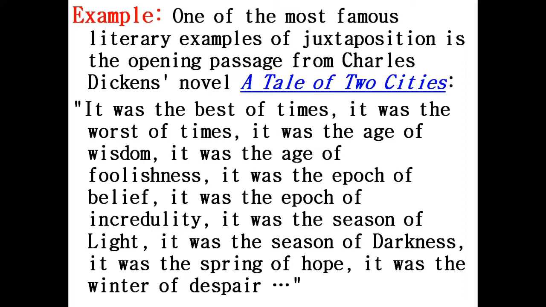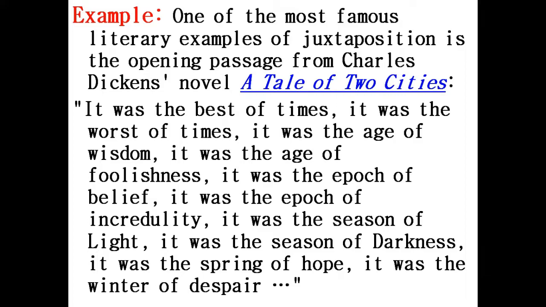One of the most famous literary examples of juxtaposition is the opening passage from the Charles Dickens novel, A Tale of Two Cities. This is a very famous novel from Charles Dickens, an English writer. These are the beginning lines. It was the best of times, it was the worst of times.